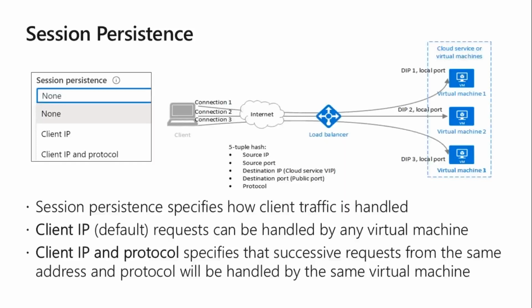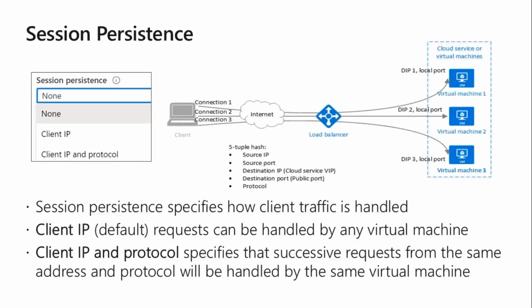Now, if you want to properly understand session persistency, assume that the first time I made a request to tcs.com, and I have 5 VMs that can answer me. Which VM answers me the first time is not fixed.